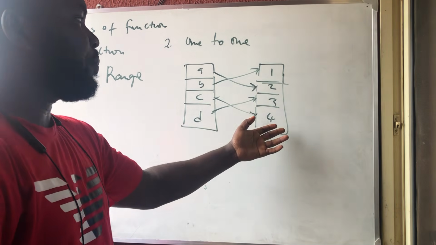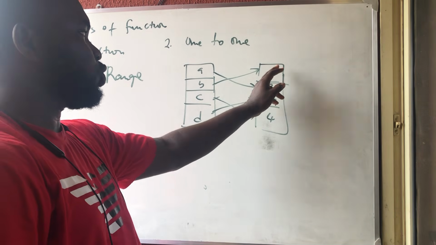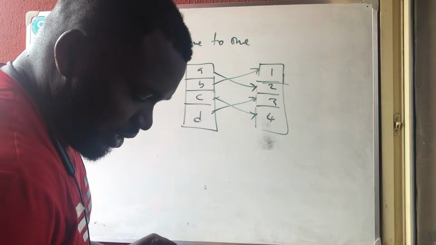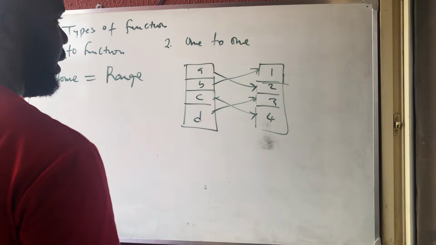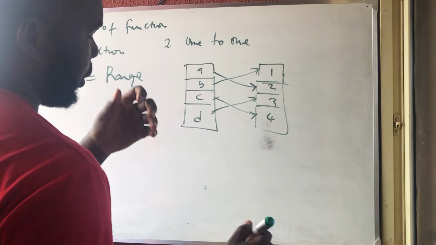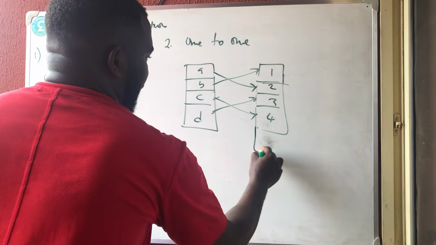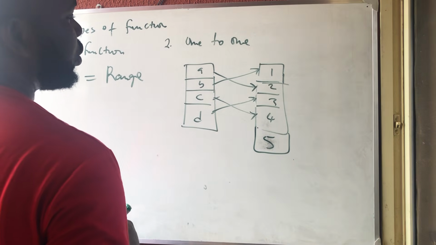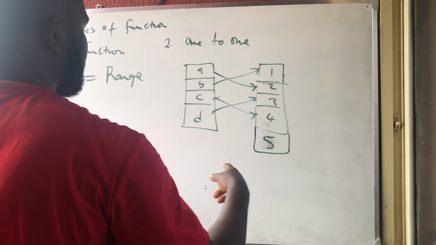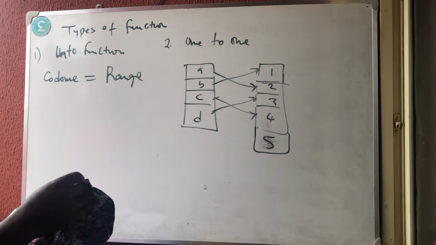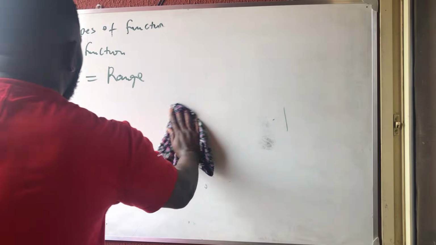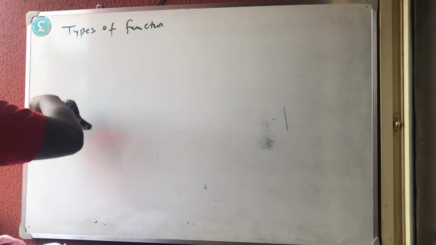Look at this. The possible things I think this thing can produce are 1, 2, 3, 4, and they still produce 1, 2, 3, 4. So it is an onto function as well. But if I put 5 here and that 5 did not work, this is no longer onto, because the codomain is no longer equal to the range. So whenever the codomain is equal to the range, you now call that function an onto function.